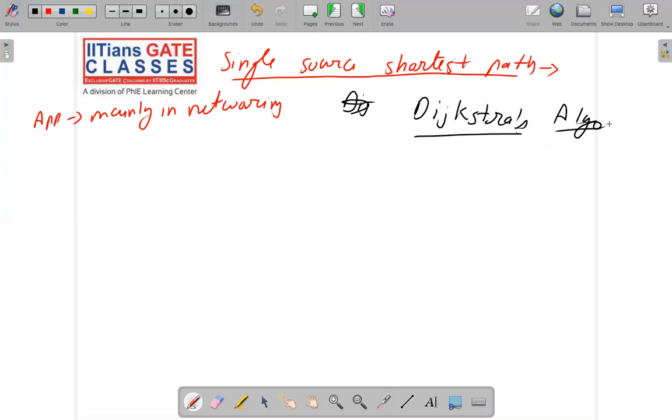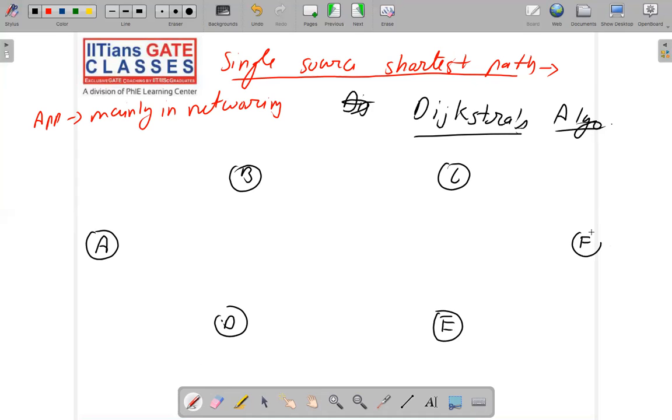First, let me try to write the graph here. The graph will look like this. A, we have B, C, D here, C here, E here, F here.